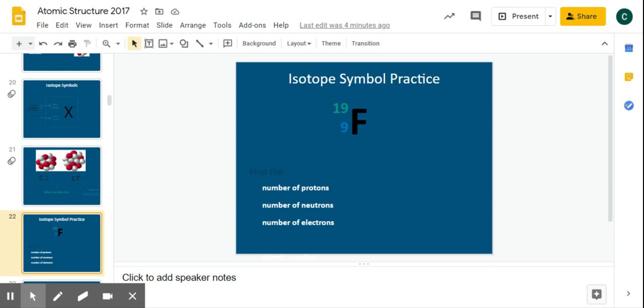We talked about atoms for right now being electrostatically neutral. So I'll go ahead and tell you your number of protons, your number of electrons for right now should always be equal. That will change a little bit when we move forward some more. But take a second and see if you can figure that out. I'll give you a second as well.